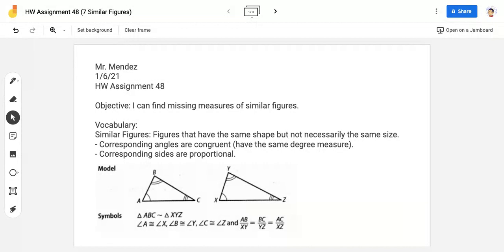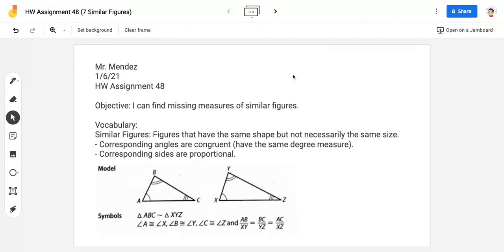If our two triangles are similar to each other, then we could say that AB, which is this line, is similar to XY. BC is similar to YZ, and AC is similar to XZ. And these will all be in proportion to one another.